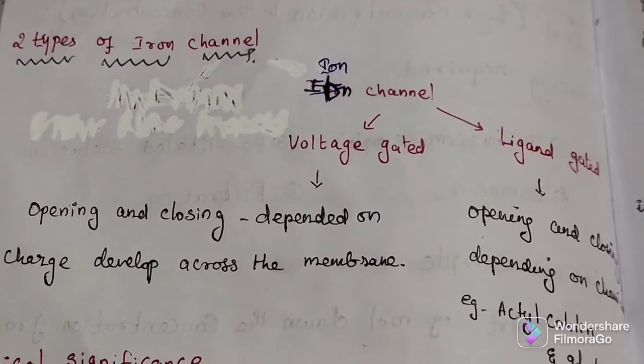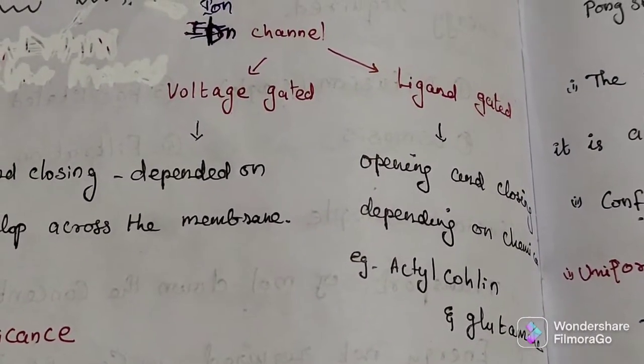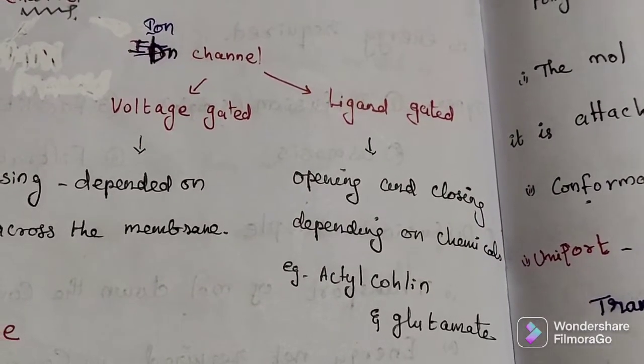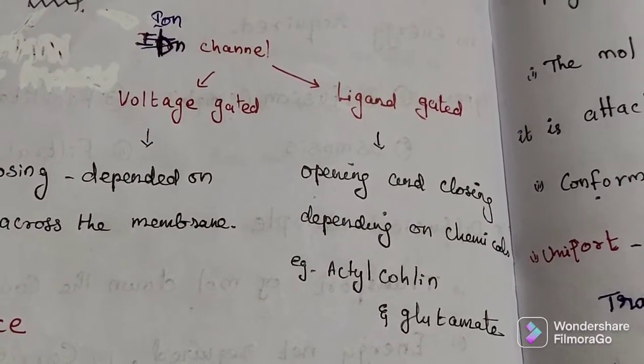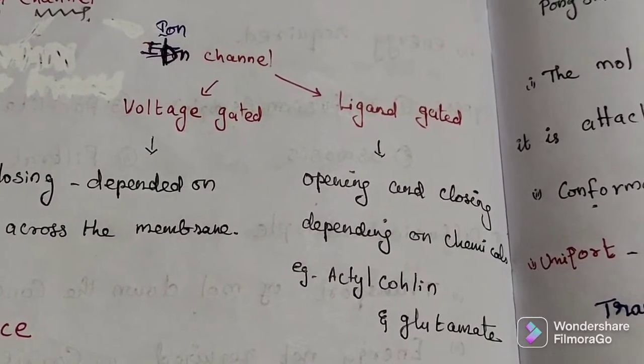It is called voltage gated. Second one is ligand gated. Opening and closing depending on chemicals is known as ligand gated. The main ligands are acetylcholine and glutamate.